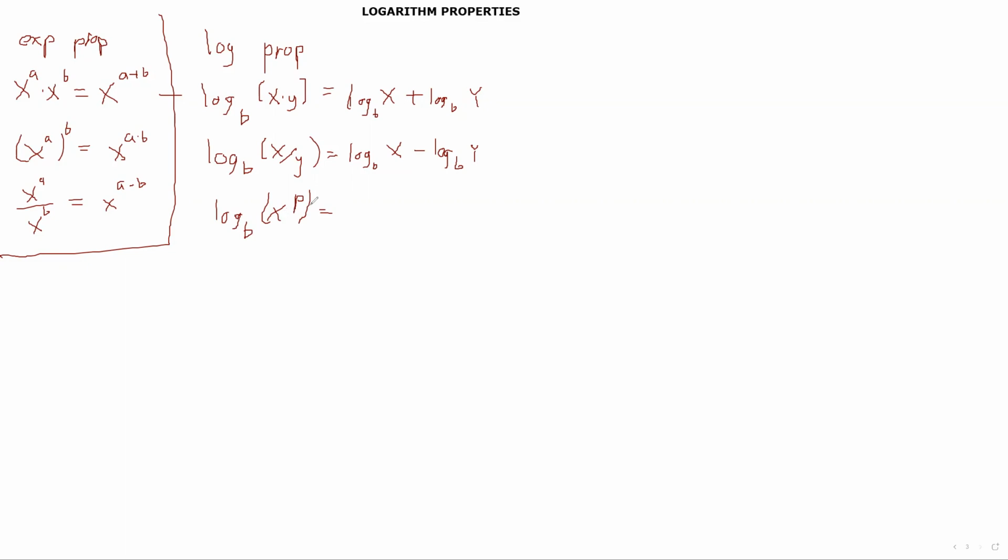If it's x to the p on the inside, we can say that this is the same as log base b of x times p. And I'm not going to justify those to you. They can be proven, but they are true statements, and we're going to play with them a little bit.